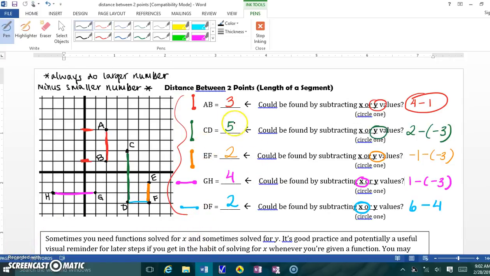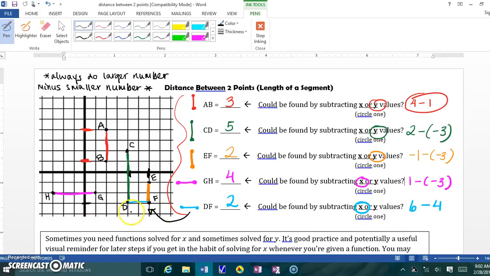All right, so you should be back now. I'm assuming you were able to count these squares correctly, but the more important thing is to make sure you realized whether you were subtracting y values or x values, and that you got these values right. For example, for D to F, you subtract the x value of 6 minus the x value of 4. The y value is the same, always -3.